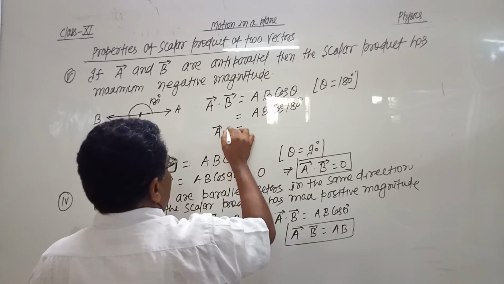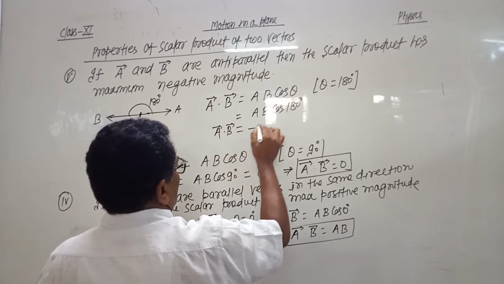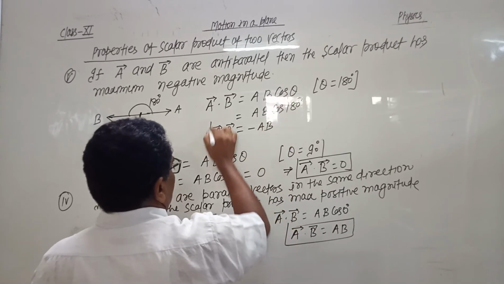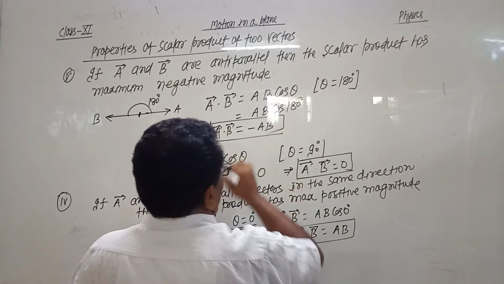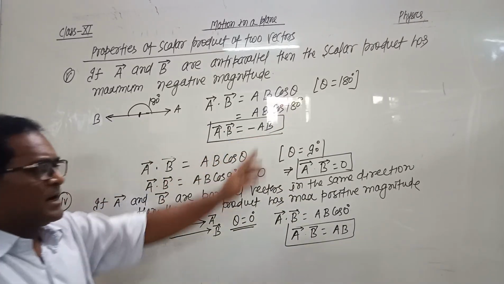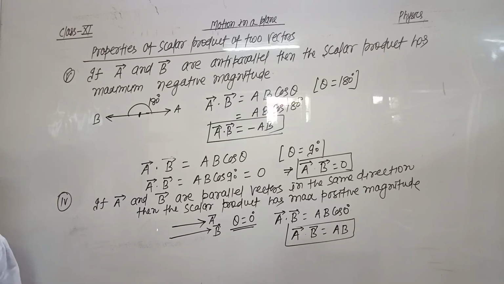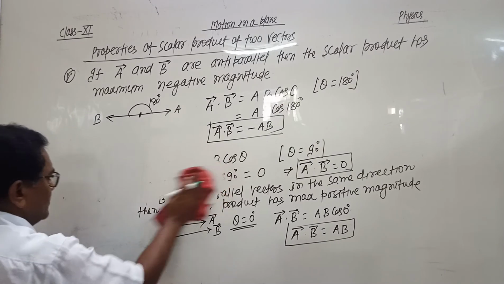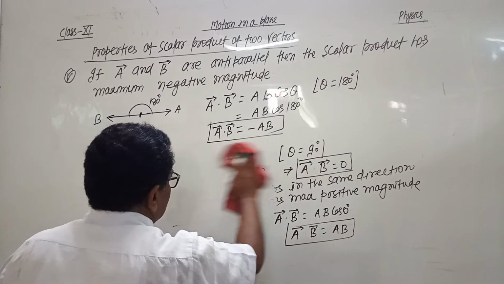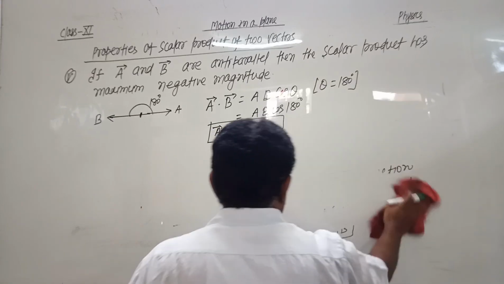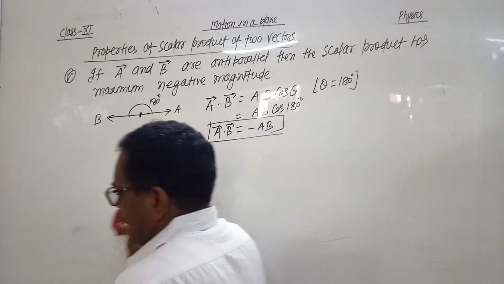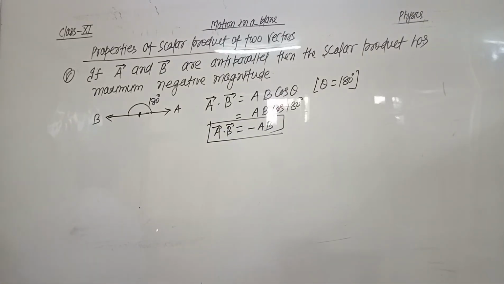So we get A dot B equals minus AB. It means the scalar product has maximum negative magnitude when the two vectors A and B are anti-parallel, meaning the angle between them is 180 degrees.